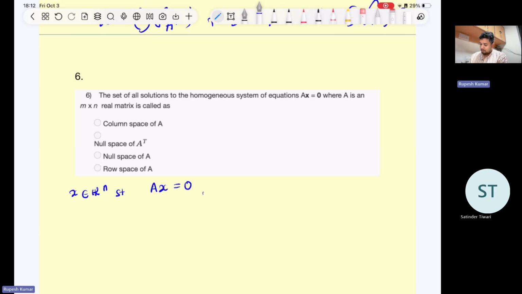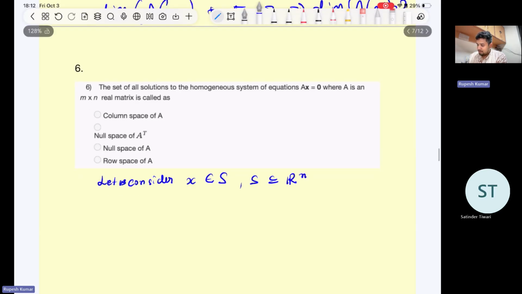Let me just reframe it like this. Let us consider X belongs to some set S, where S is a subset of Rn.